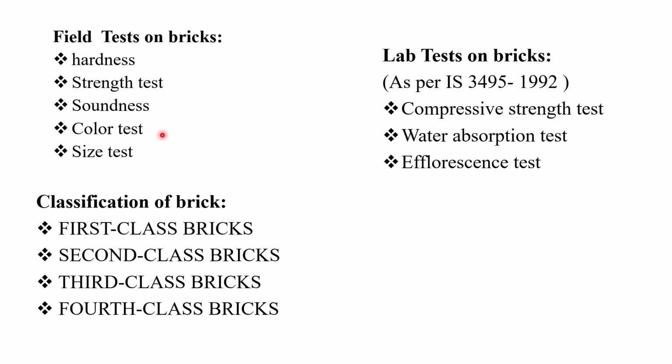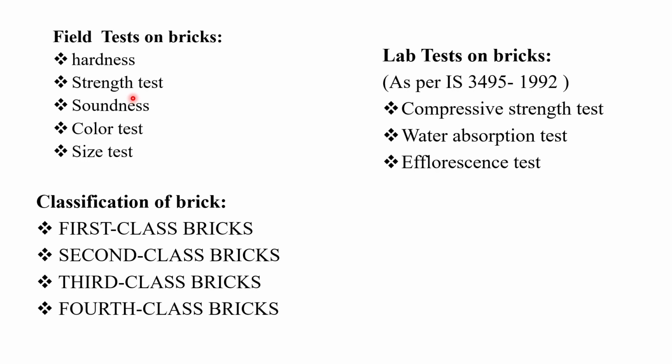By using a fingernail, we will mark a scratch on the brick surface. If the scratch is visible, at that time the brick is not hard. So there should not be any visible mark of a fingernail scratch on the surface of the brick. Okay. Second, strength test. How to measure the strength of brick in the field?